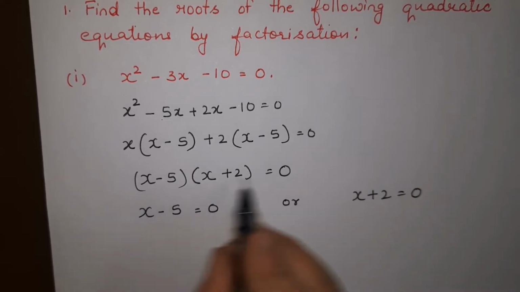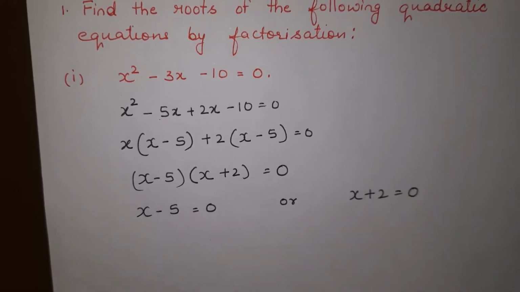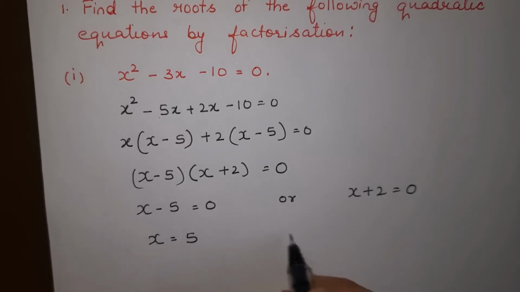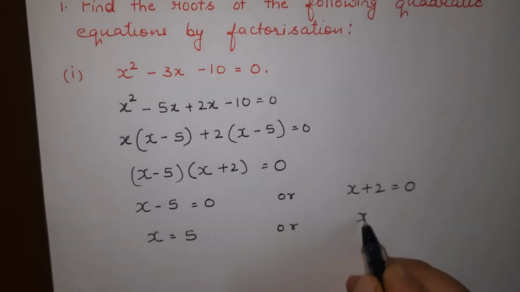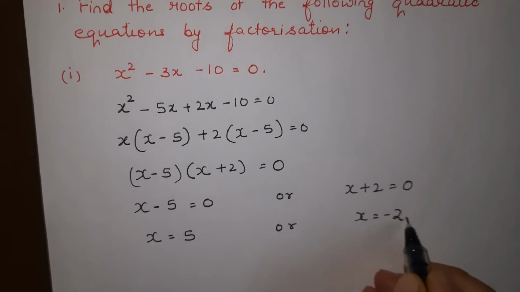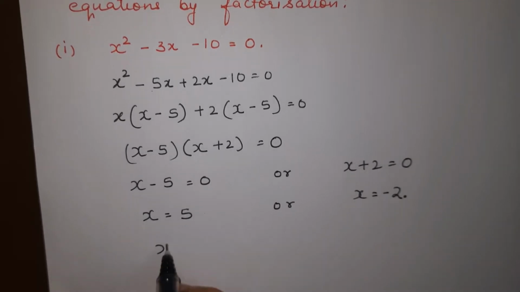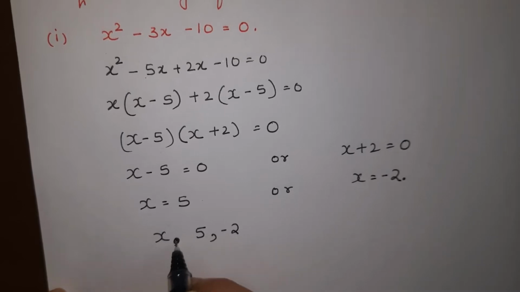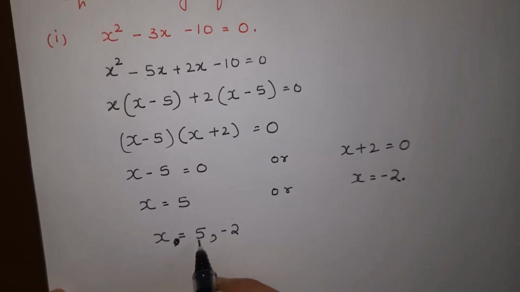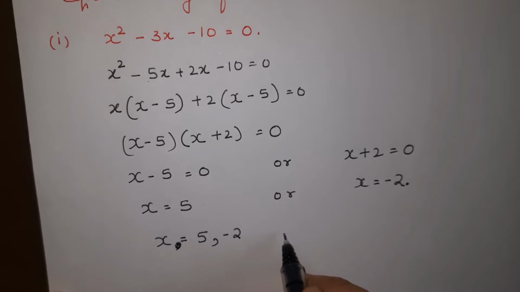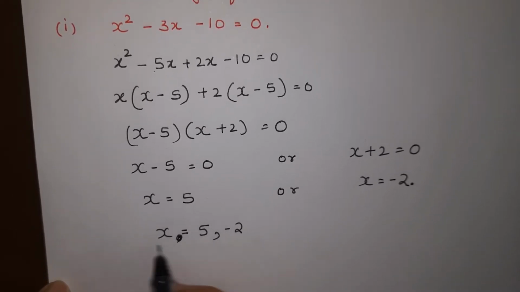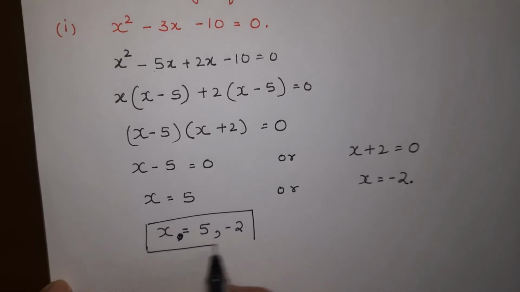You have to put this factor equal to 0 and this factor equal to 0. On solving this, we get x equals 5 and x equals minus 2. So the roots of the given equation are 5 and minus 2. We can also say that x equals 5 and x equals minus 2 are solutions of this equation. So this is the answer.